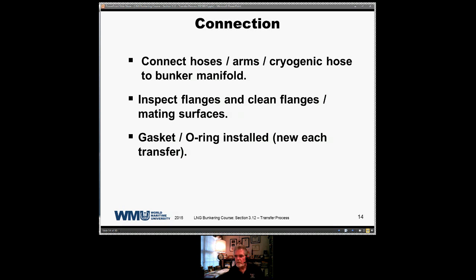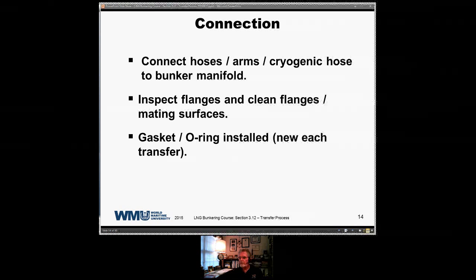Usually there's a series of 3 O-rings that make up this sealing surface, and because of the way the surfaces are mated, usually one O-ring seems to take a beating, and you have to keep a close eye. Usually it's the middle O-ring of the 3. And that O-ring, for some reason, is exposed to more stresses, and it's the one that is usually going to give you a problem. So that middle O-ring, you have to pay very, very close attention, and oftentimes that's the one that has to be replaced.